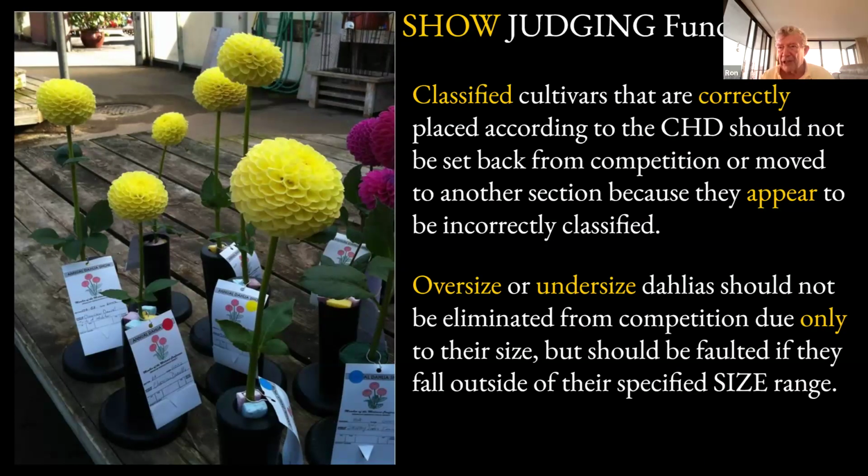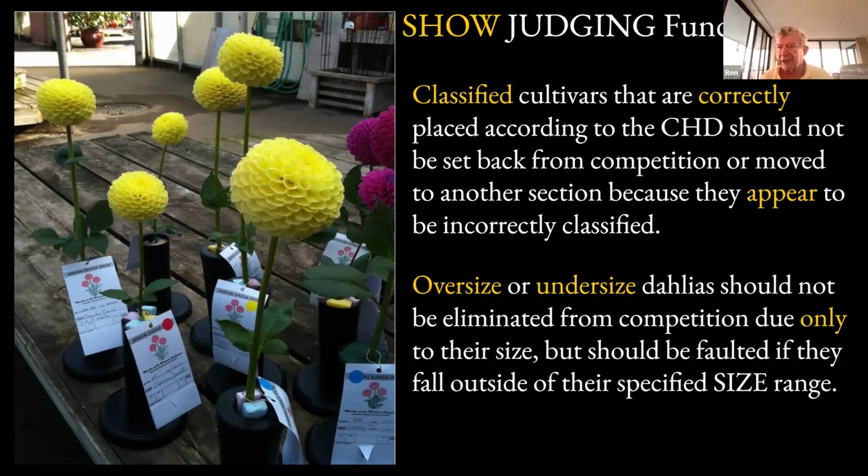And any deviation from that should end up with a reconsideration of the classification of that cultivar by the classification committee, not by the judging team who says, "Oh, this should be a ball, not a miniature ball."